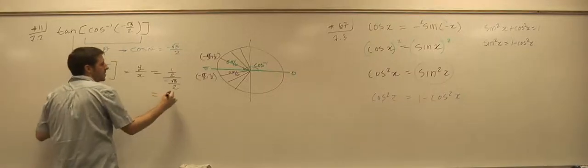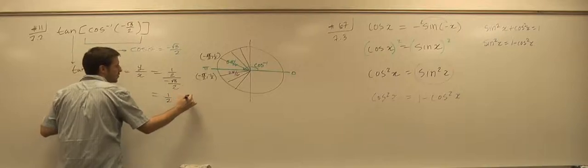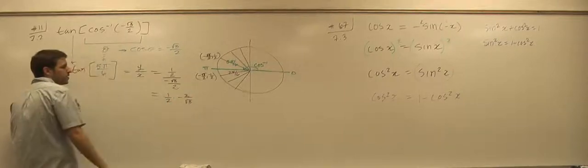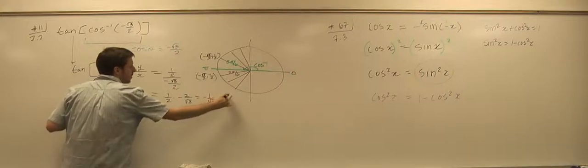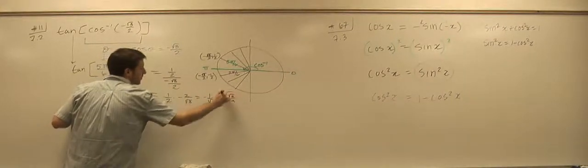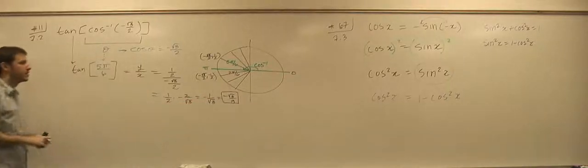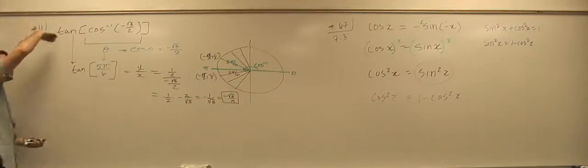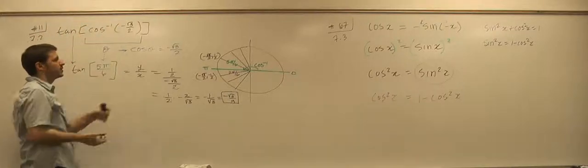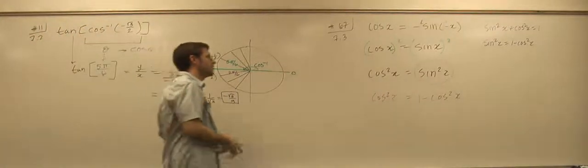So you flip it up, this becomes 1 half times negative 2 over root 3. The 2's cancel, this is negative 1 over root 3. Or after you rationalize, negative root 3 over 3. So tangent of cos inverse of negative root 3 over 2 is negative root 3 over 3.